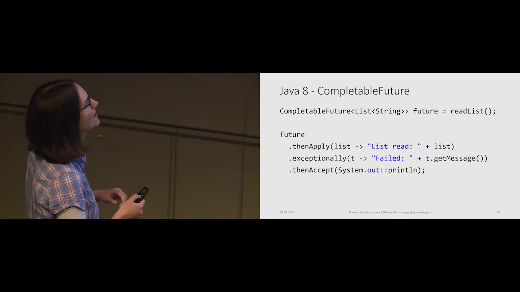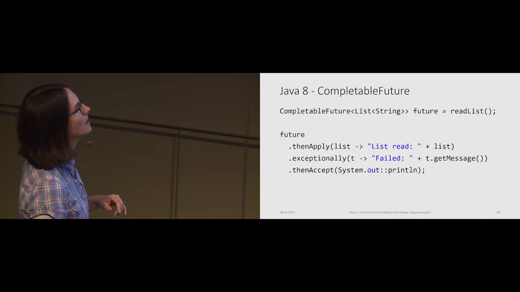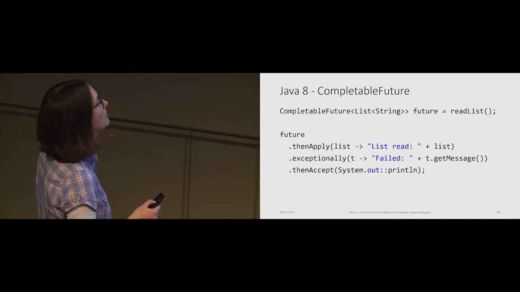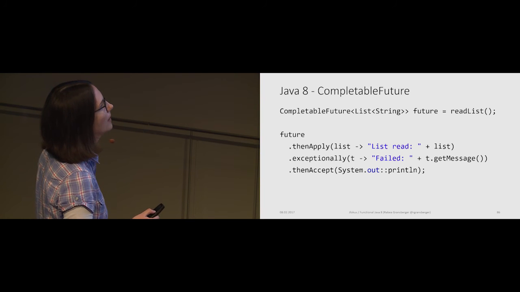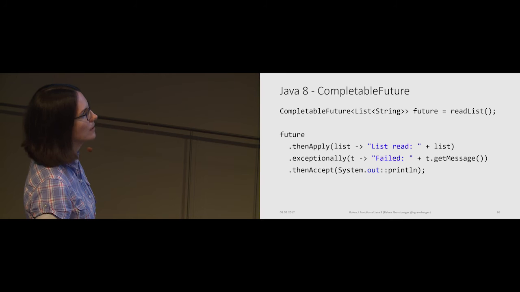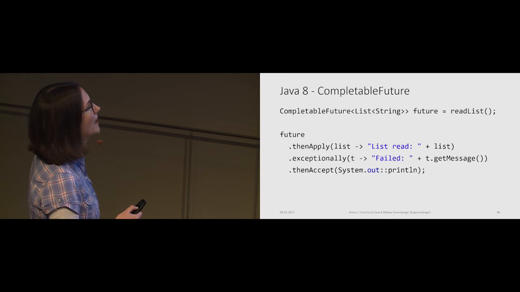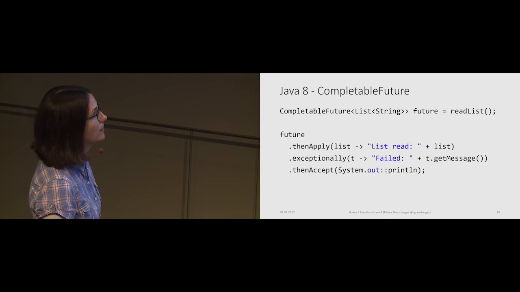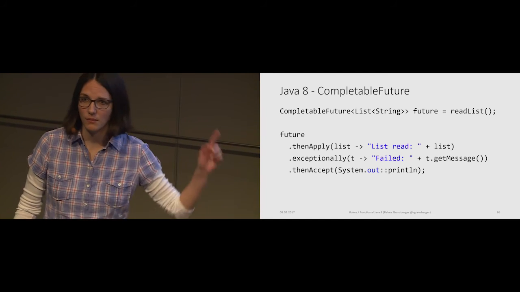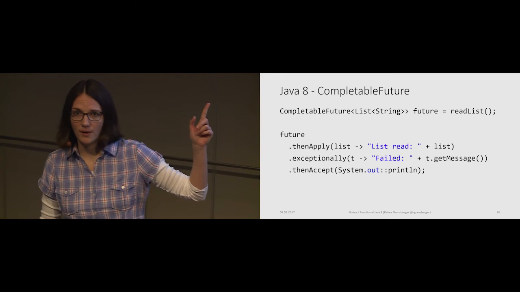So what is the end result, for example, of this? We are reading in a list from somewhere, and we have a CompletableFuture. We then call thenApply, transforming the list to something, so we have read in the list. In case of an exception, we probably want to print out a failure, and in the end, we just say, okay, print out the results. So what is coming out of here? Anybody knows?